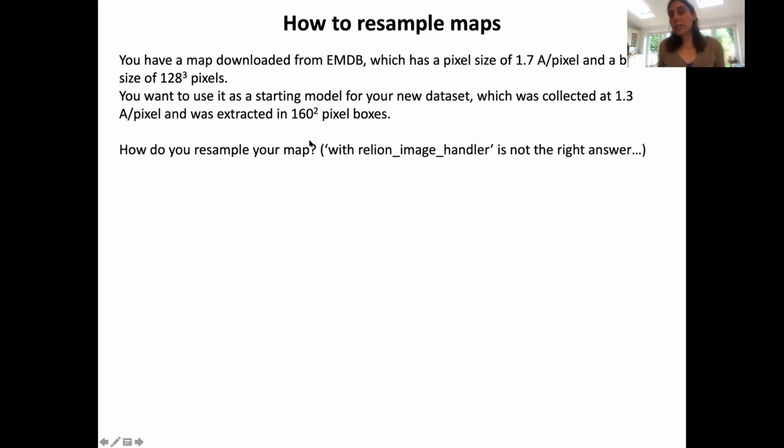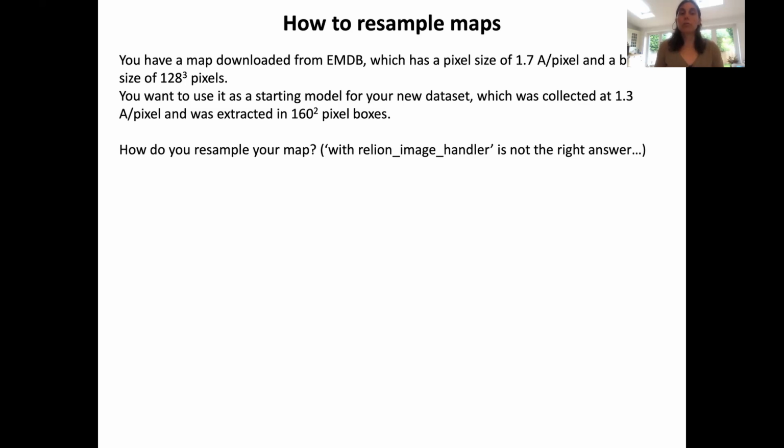Now, your own data was collected at 1.3 angstrom per pixel, and you have boxes of 160 pixels. You want to use the map from the EMDB as a starting model for your data. So you need a map that has a pixel size of 1.3 and is in a box of 160.